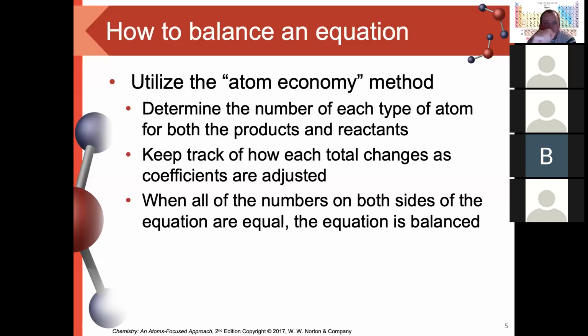And I start playing around with the coefficients, changing my counting of everything until I get everything evened out. And when I get everything evened out, then I know, okay, the equation's balanced. But it's deliberate. It's kind of slow. If you're just starting out, it's a good way to start because it makes sure that you get everything right.